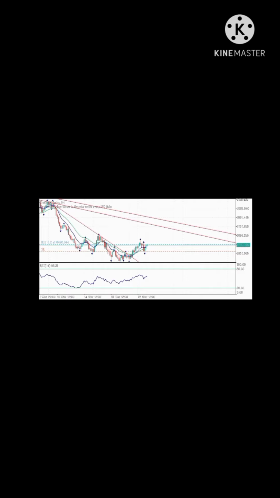Like I said, the last confirmation is the factor. So I entered this trade immediately after this factor formed. So that's the last confirmation.